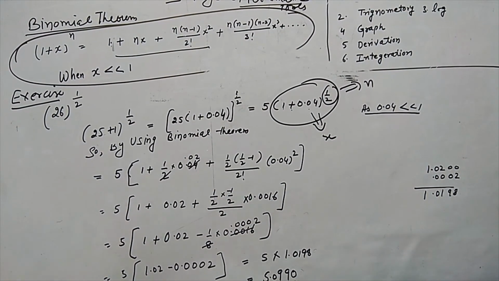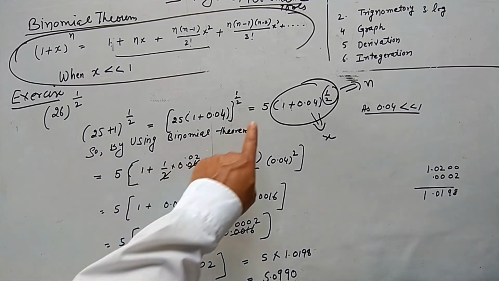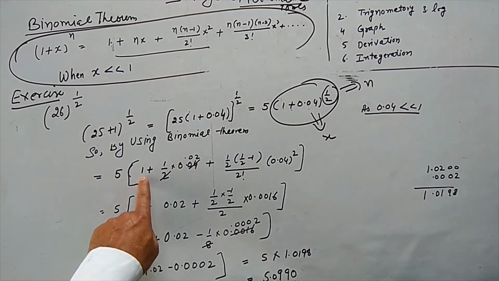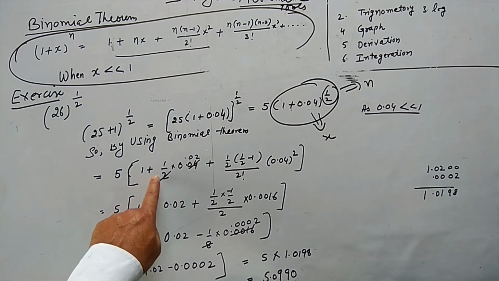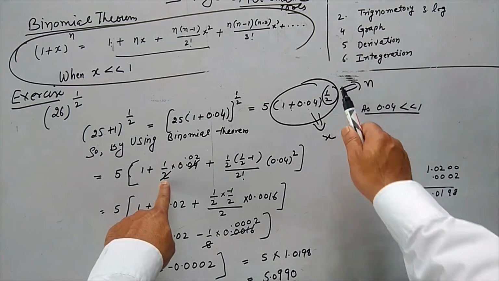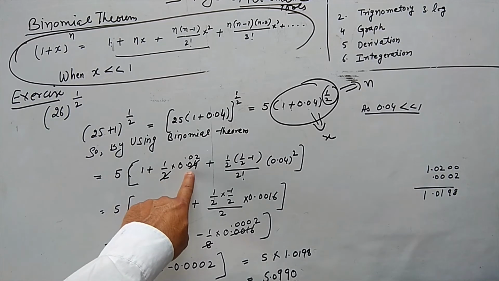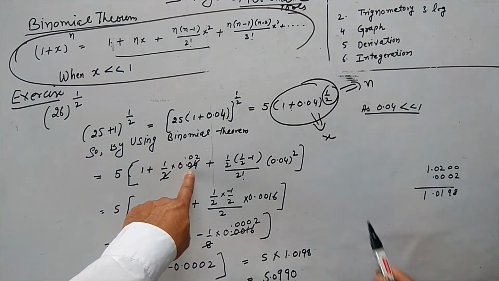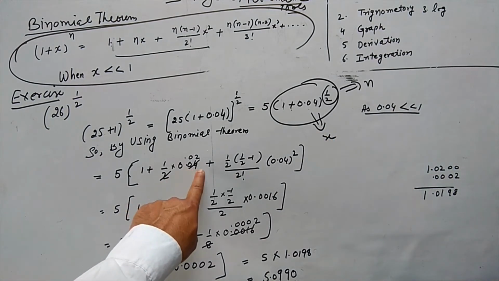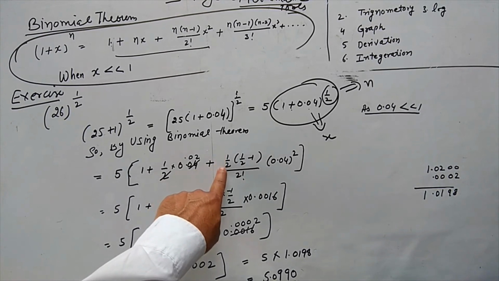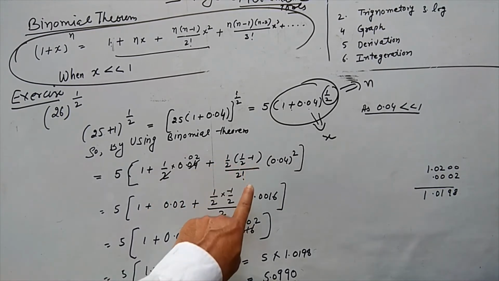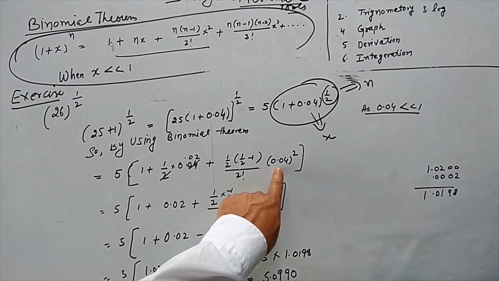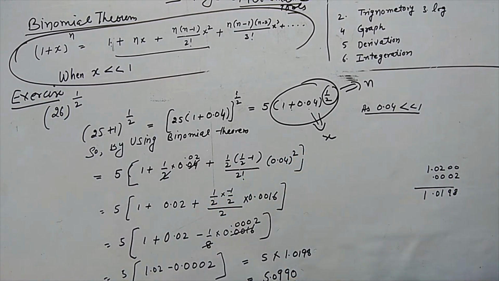See, 5 taken outside, and 1 plus n, where n is 1/2, which I have written, into x which is 0.04, plus n into n minus 1 divided by 2 factorial into x to the power 2, right.